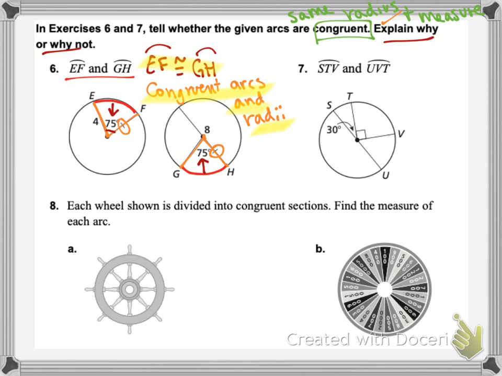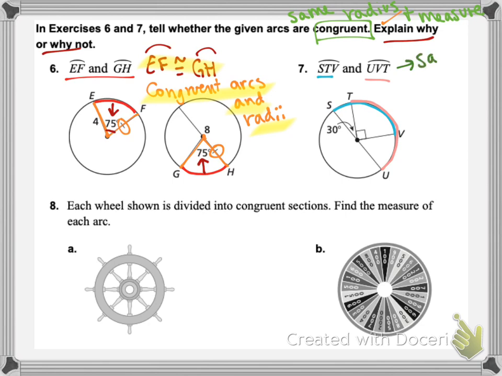This next one says arc STV and arc UVT. So obviously it's the same circle.